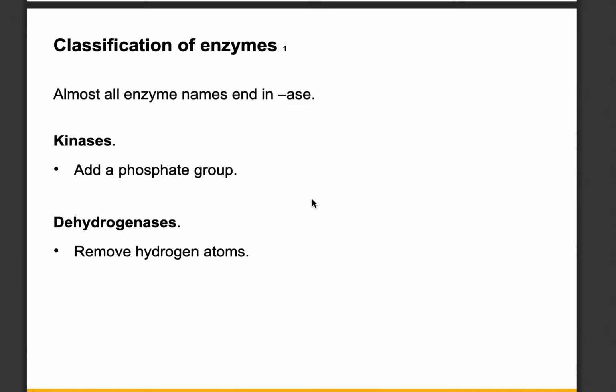It's in the name, and phosphate tells us it's an actual piece of phosphate. Anytime you see the word kinase, we're going to add a phosphate group somewhere. Anytime you see the word dehydrogenase, like lactate dehydrogenase, it means you're simply removing a hydrogen atom. So if it's lactate dehydrogenase, you're removing a hydrogen atom from lactate, from the chemical structure of lactate.